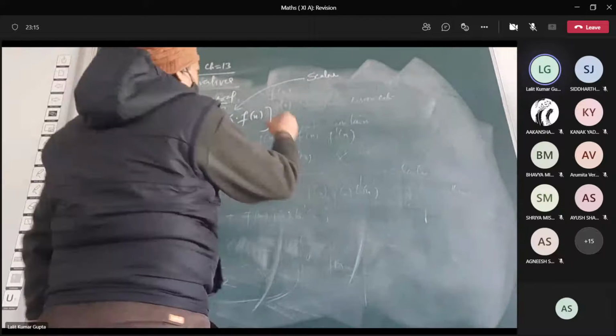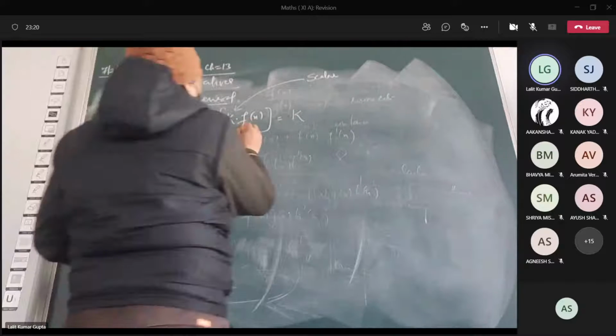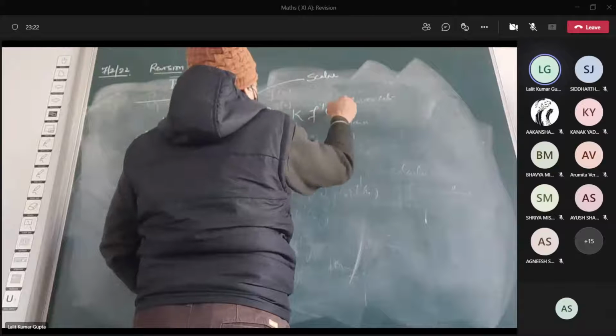So what we need to do, beta, is keep that scalar part as it is and differentiate the function, right?